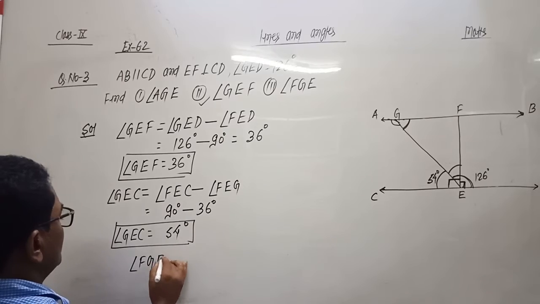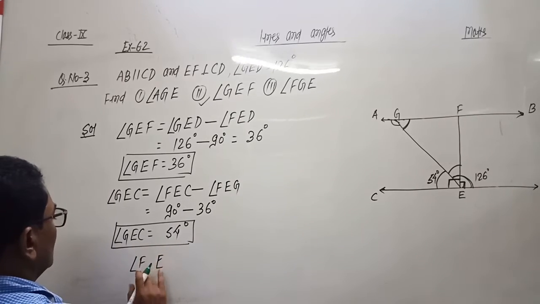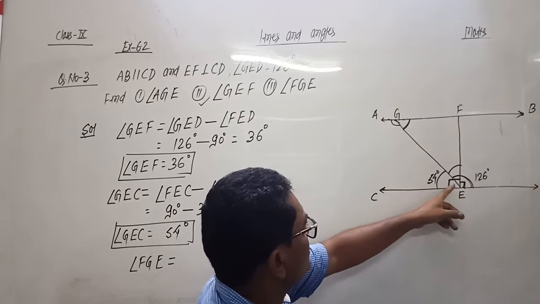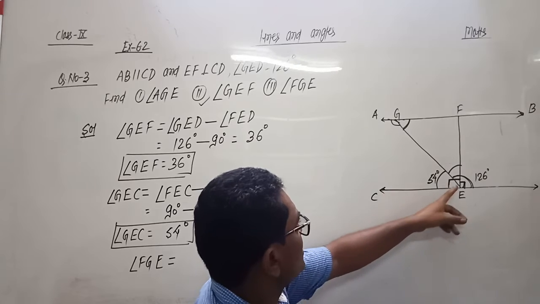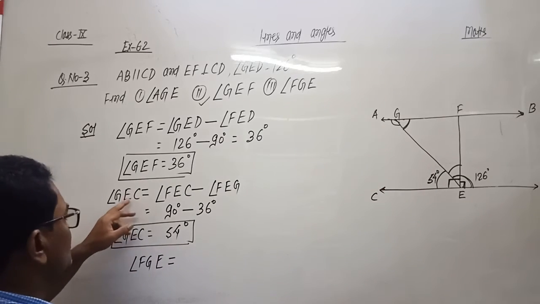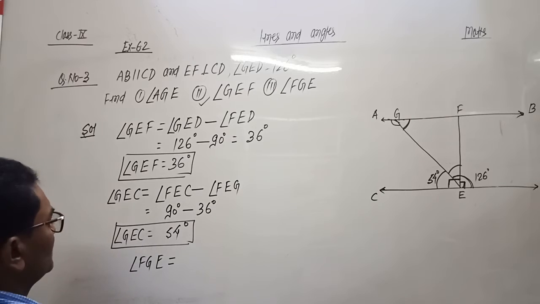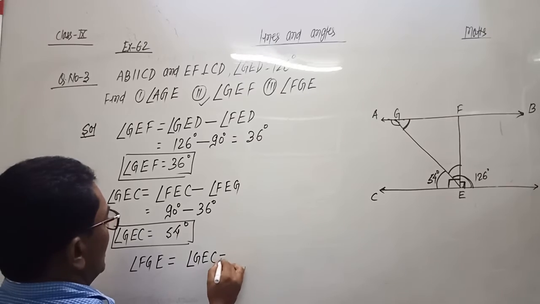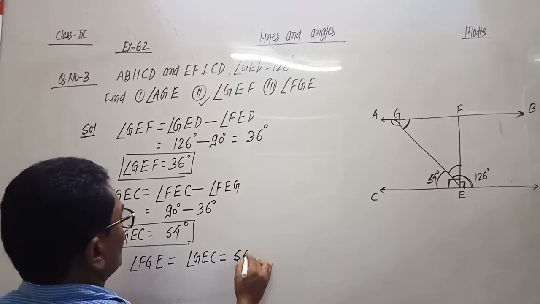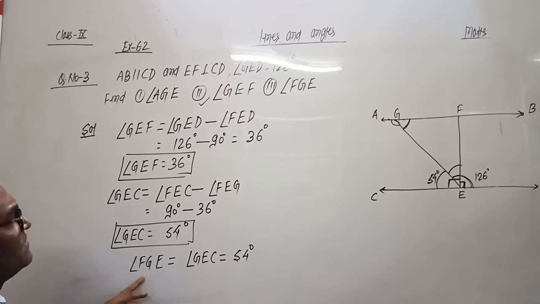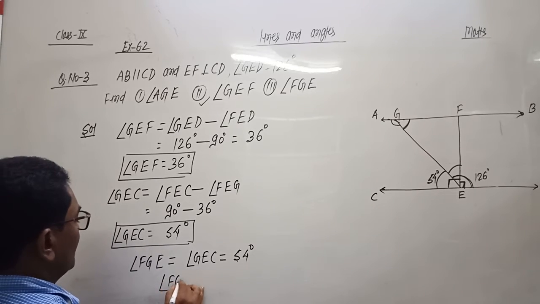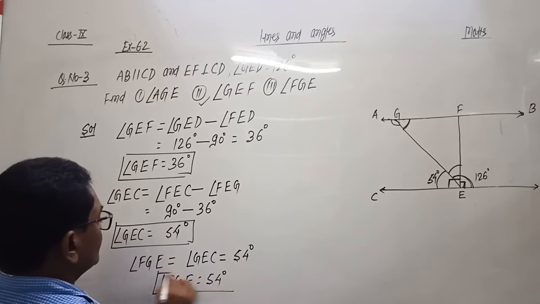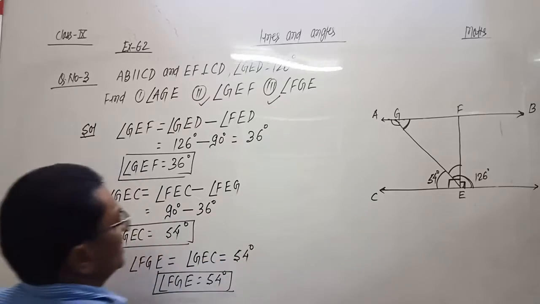So angle FGE is equal to angle GEC, which is 54 degrees. Angle FGE is 54 degrees. So the third part we have calculated.